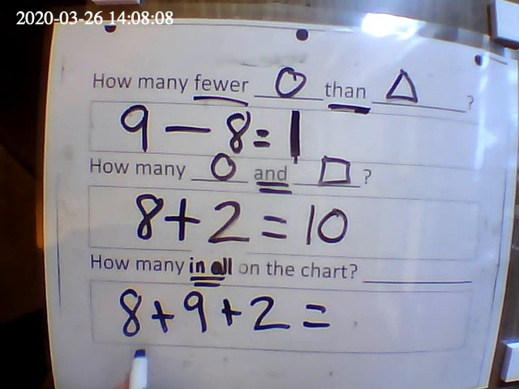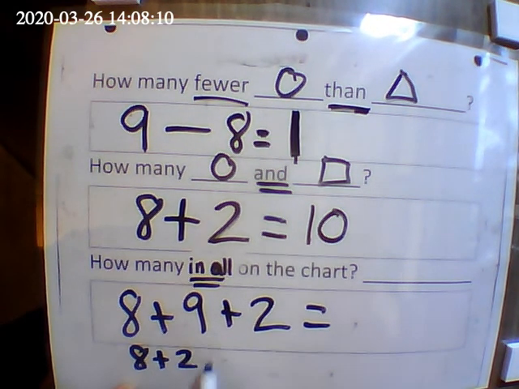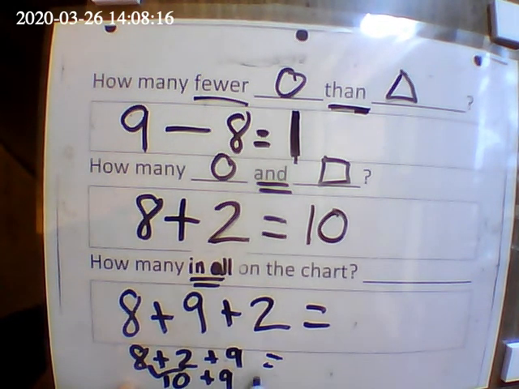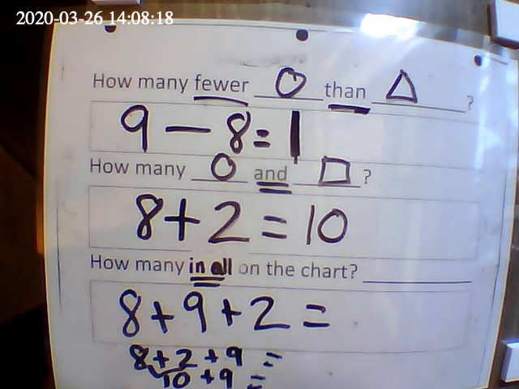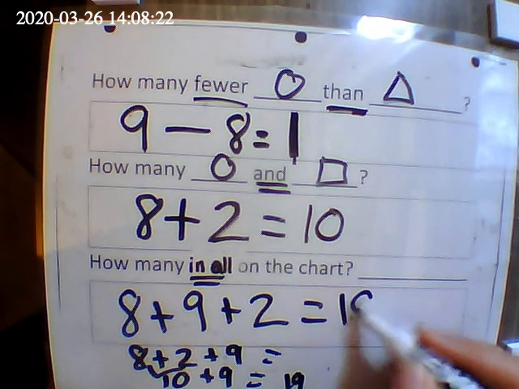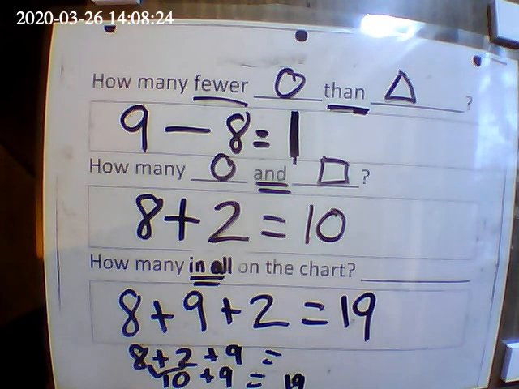And another way you can always, when you're adding, you can move them around. And 8 plus 2 is 10. Bring down everything else. And 10 plus 9 is 19. So 8 plus 9 plus 2 more equals 19 as well. It's just 2 different ways to get it.